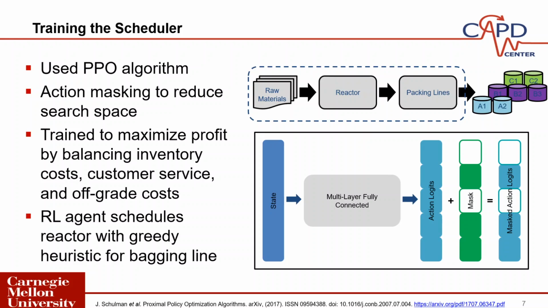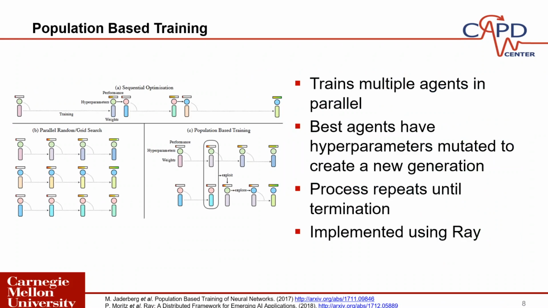And then we have a greedy heuristic that is actually doing the scheduling on the bagging line, so in the second stage. So we have 5 different products that can be produced, and each of those can be packaged in 3 different ways to be shipped to different locations, etc. And the bagging line will handle that for us, while the RL agent will do the reactor scheduling.